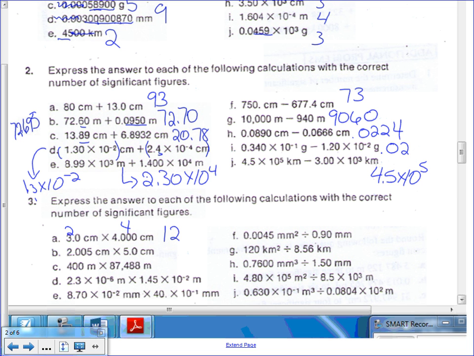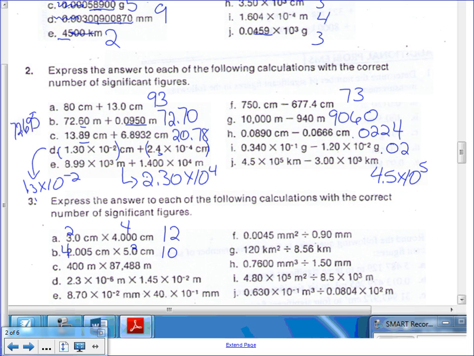All right, 2.005 times 5.0. We've got 4 significant figures, and we have 2 significant figures. So when we multiply this out, we want to round it so we only have 2 significant figures in our answer. So we get 10.025. All right, so if we just put 10, that's only 1 significant figure.